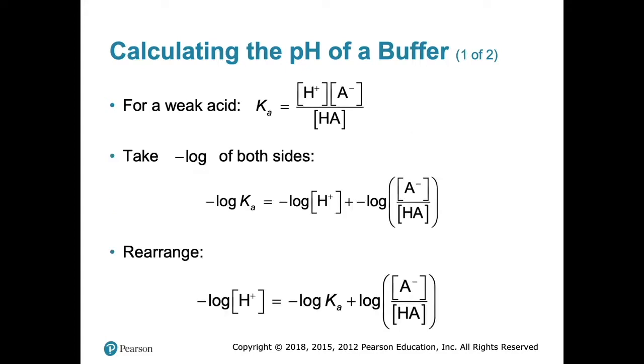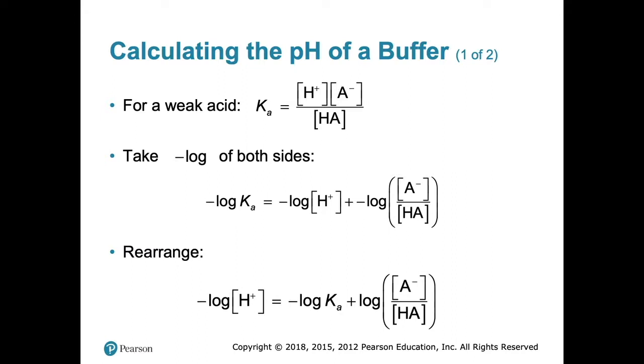So if the negative log of the hydronium ion concentration, or proton concentration, is the pH, what does the P in pH mean? We already know that the H in pH means proton, right? So what does the P part mean? Yes, exactly.